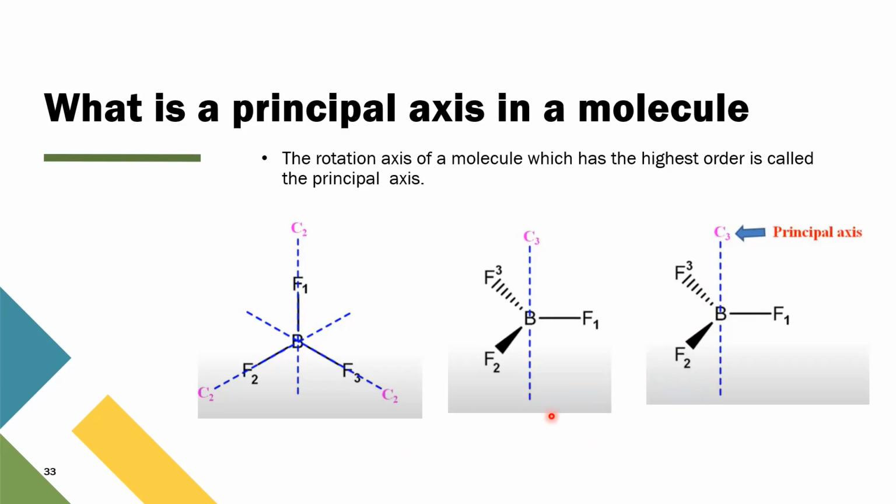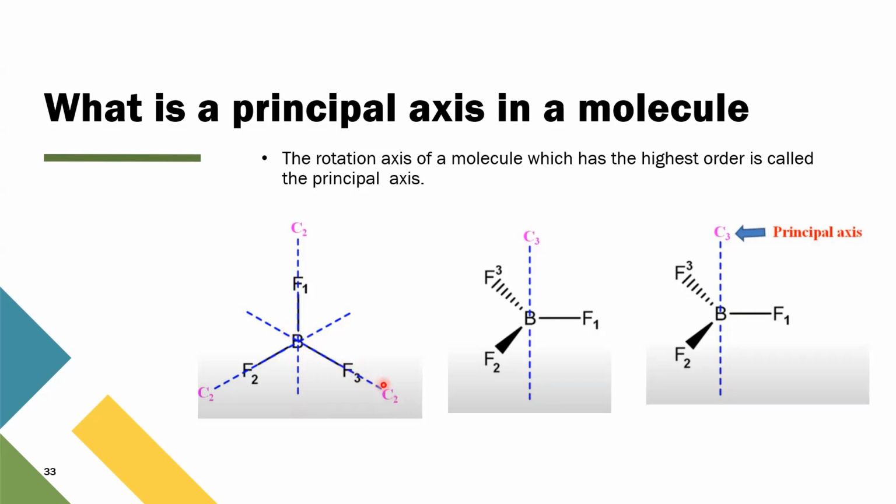You do the operation by 120, you get the equivalent configuration. You do it again, you get another equivalent configuration. Similarly, for C2, we rotate it by 180, and then you get the equivalent configuration.